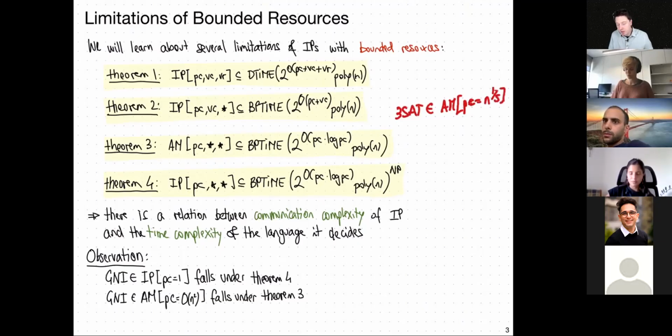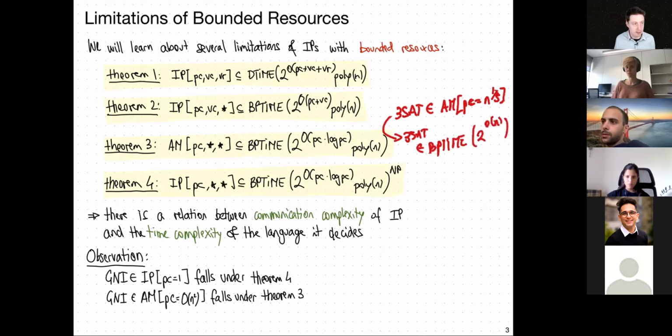Maybe there is some way to use the sum check protocol to arithmetize 3SAT and have n to the 1/3 rounds, and in each round I'm sending a small amount of information. Then through this theorem, what we would learn is that 3SAT is in BP time, basically, let's say 2 to the little o of n. In fact, 2 to the n to the 1/3 times log n, right?